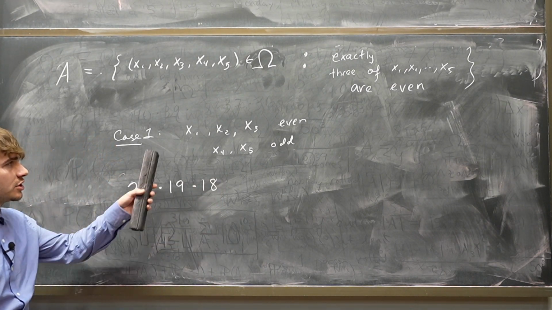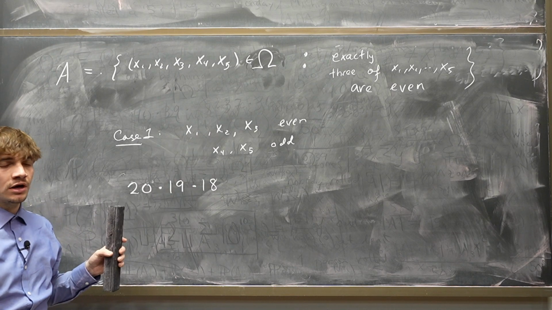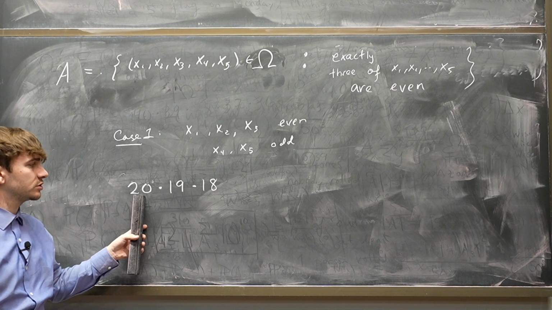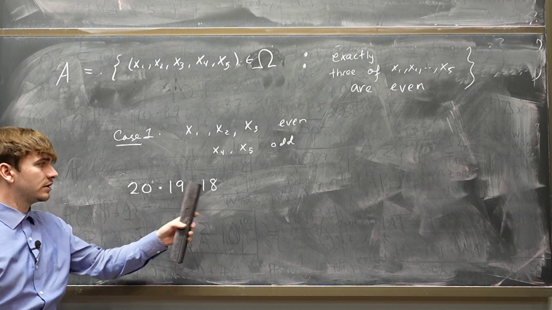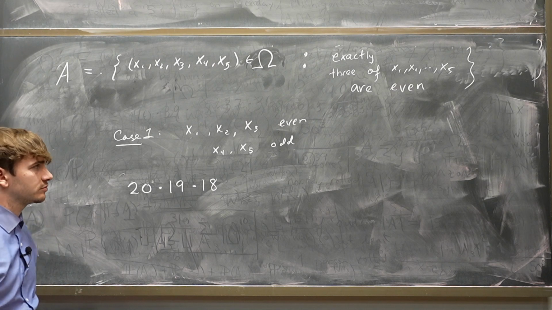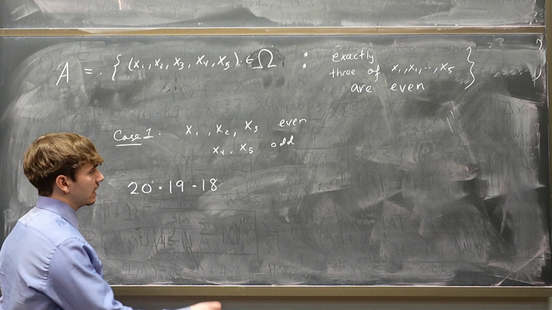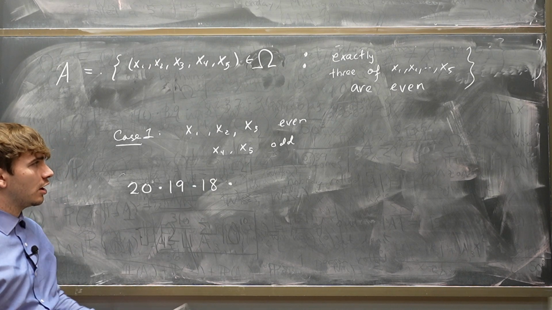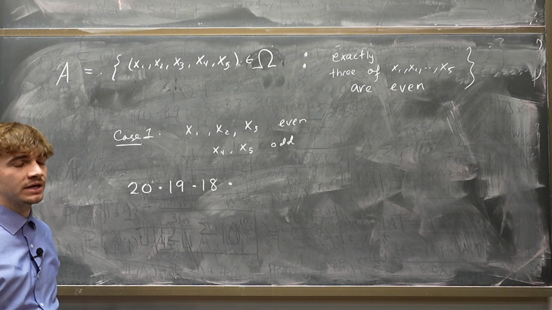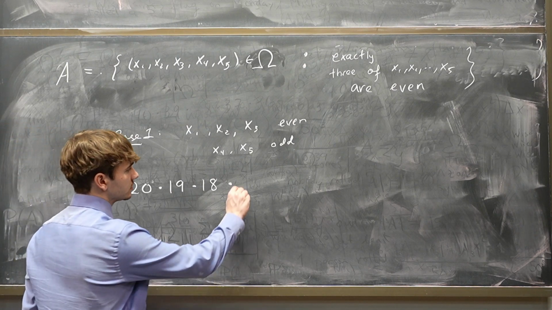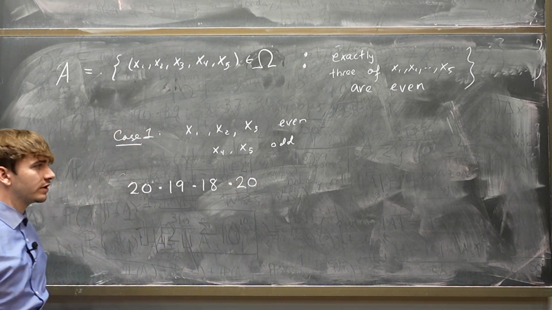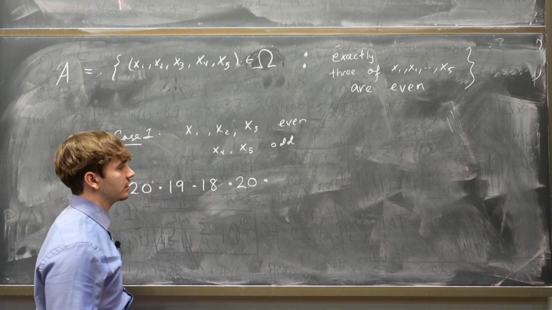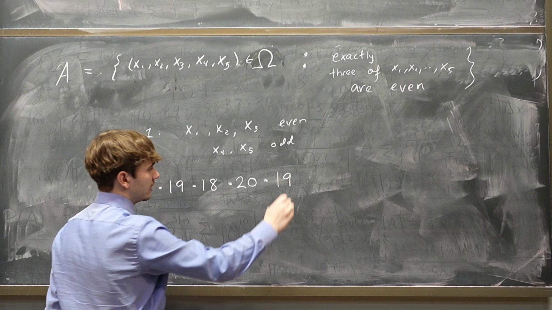I'm choosing even numbers, so I start with 20 even numbers initially, and as I choose even numbers, my amount declines. Then for x4, all of a sudden I have 20 choices again because I have 20 odd numbers. For x5, I only have 19 remaining odd numbers, and so I have an expression of this form.